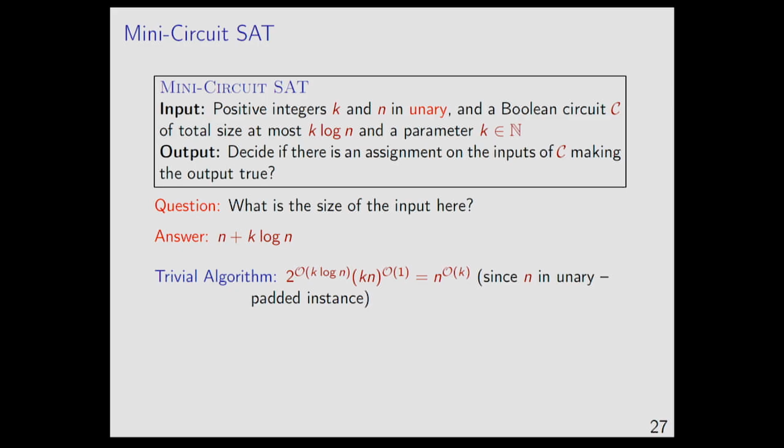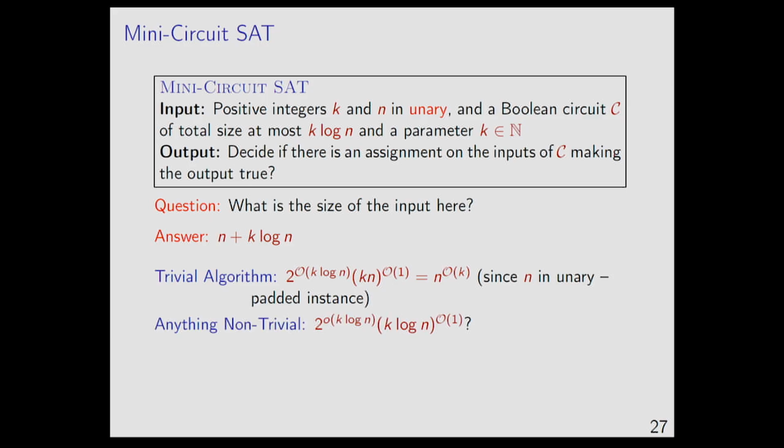This we can do. And what is 2 to the power big O of k log n? It is n to the power big O of k. So it's an XP algorithm in the world of parameterized complexity, because n is written in unary. If you did not write this, then you could not say that 2 to the power big O of k log n, as a function of the input, is n to the power big O of k. So this is a trick that we used.